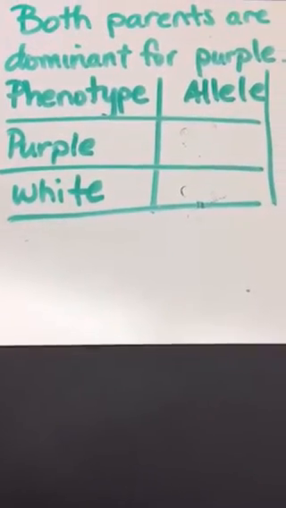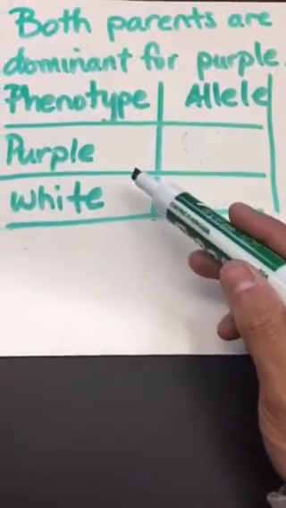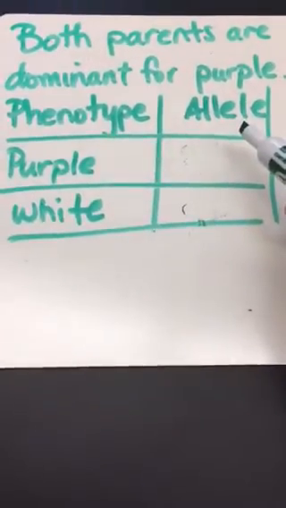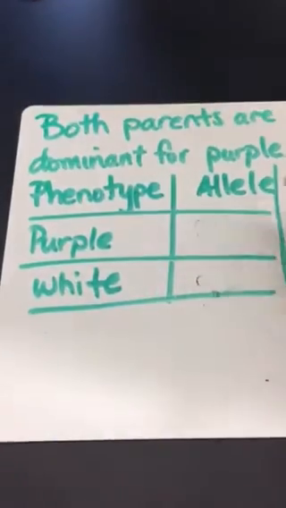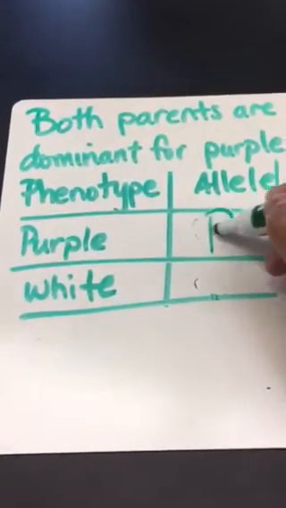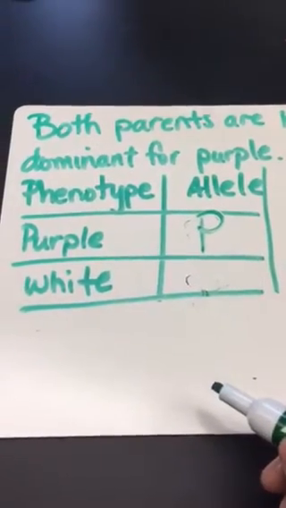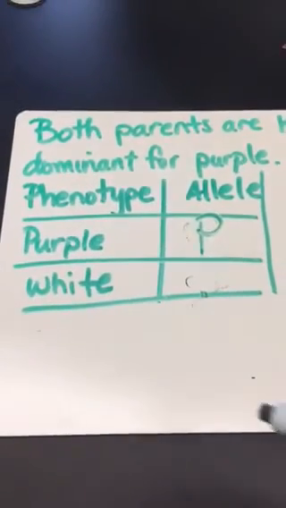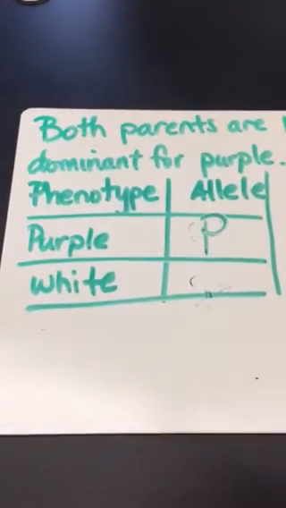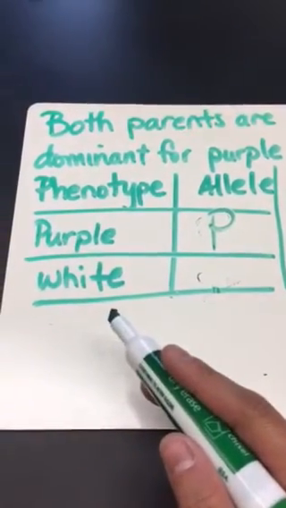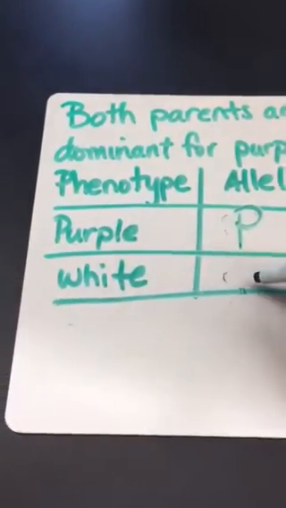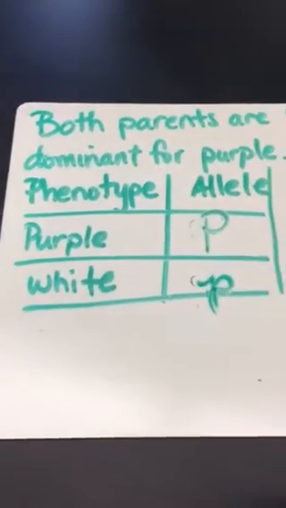The phenotype or physical trait is purple, and it's dominant. So the allele or letter we're going to represent purple would be a capital P. We represent it with a capital P because it is the dominant trait, and dominant traits get the capital letters. Since white is recessive, we're going to have it be represented with the allele that is lowercase p.